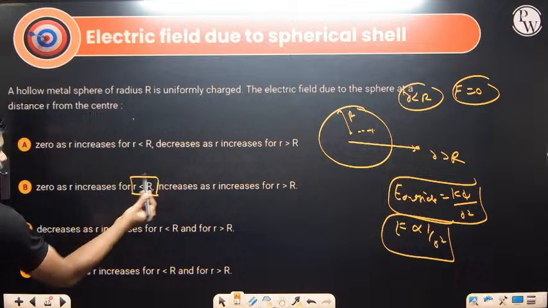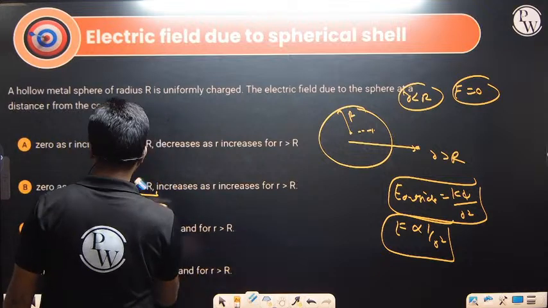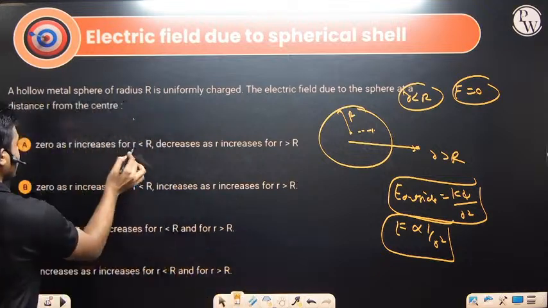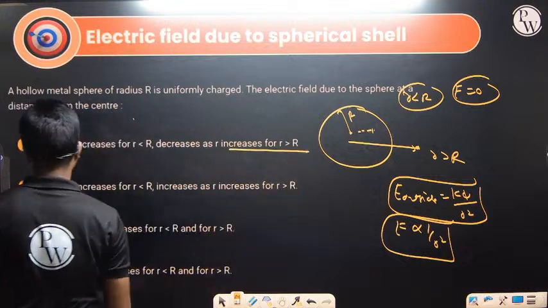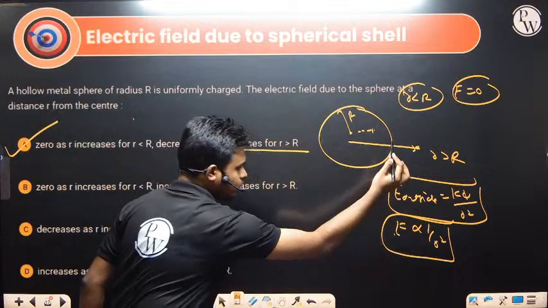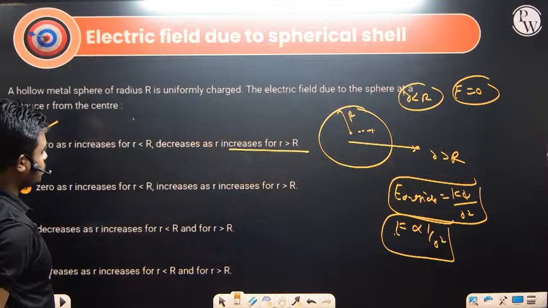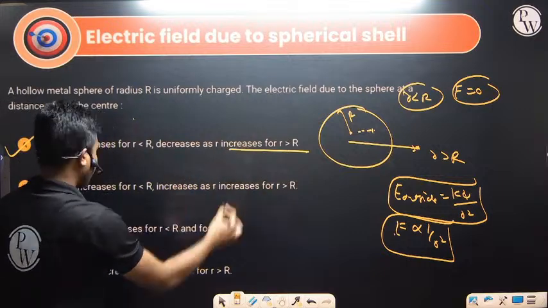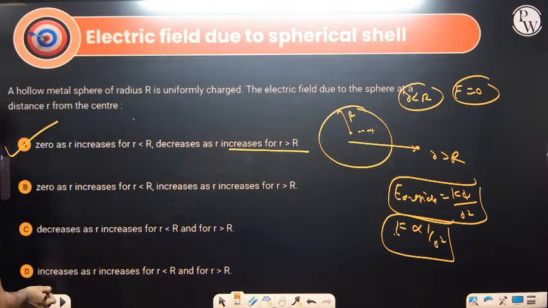As r increases, the electric field should decrease. Which option says 0 for r less than R, and decreases as r increases for r greater than capital R? Option A. E is inversely proportional to r square, so it decreases as r increases for r greater than capital R.